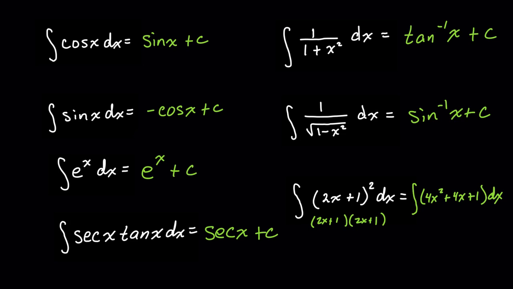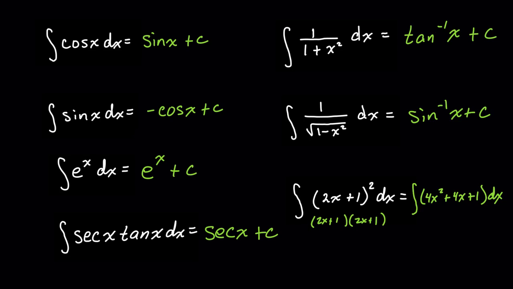Now, when you have a situation like this, you've got more than just the integral of one term. You've got the integral of several terms in here. You do it the same way, and this is equal to the integral of the first term plus the integral of the second term plus the integral of the third term.